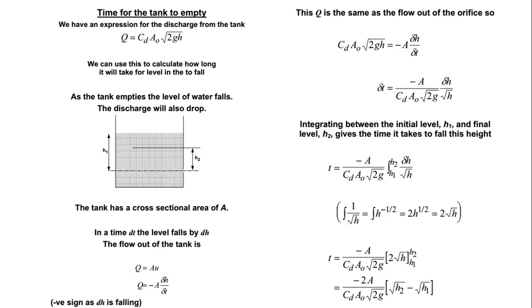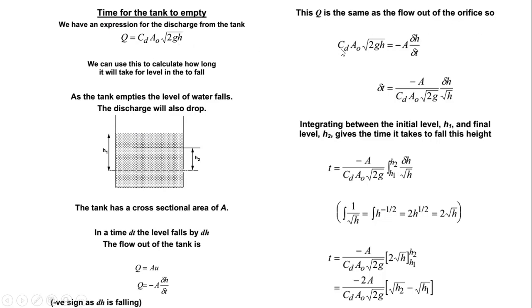Okay, so what we have done here, let me take you back again. We started with Q is equal to A U. We know that U is equal to distance over time, and we know that the H is falling, so we need to introduce a negative sign here. So we get Q is equal to negative A dH over dt. But now we know that Q for an orifice is given by CD A naught square root of 2GH.